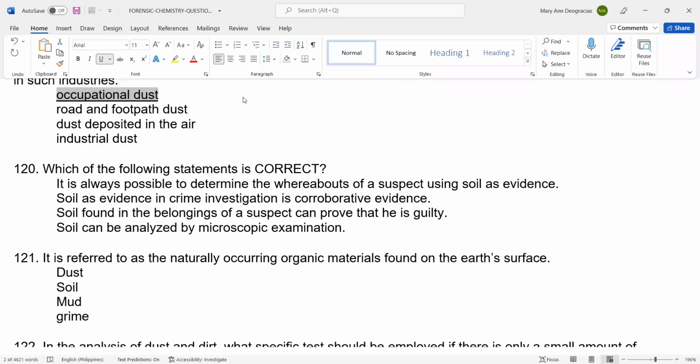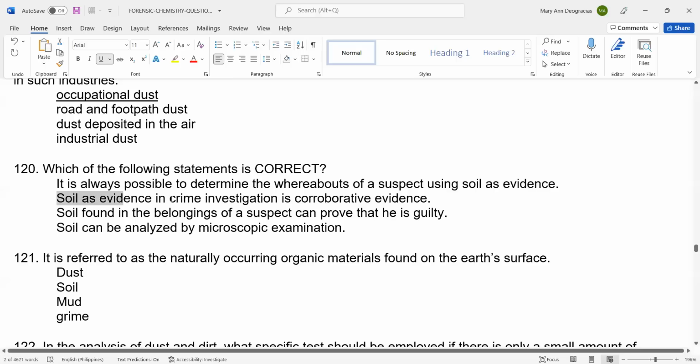Let's look at your answers. Some answered letter B, some answered letter A. Our answer is letter B. Letter A is wrong because soil as evidence cannot always determine the whereabouts of the suspect. Having soil on the belongings of a suspect does not mean he is guilty right away, so that statement is wrong. Soil also cannot be analyzed using microscopic examination.